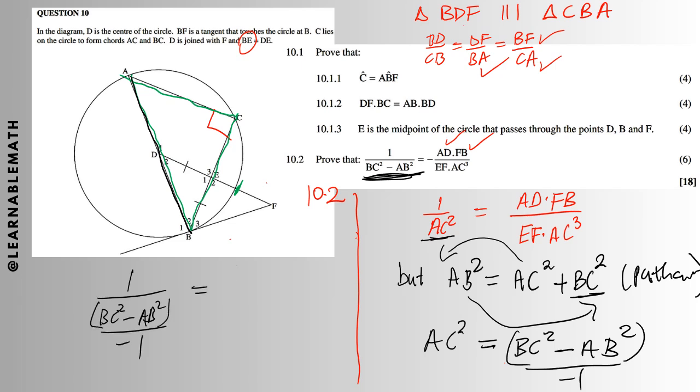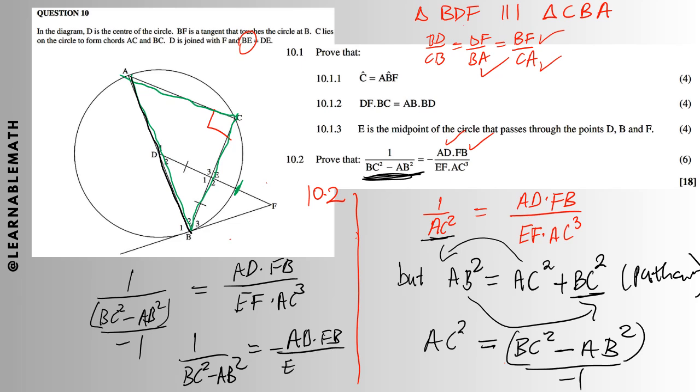This is equal to AD times FB divided by EF times AC exponent 3. Then I can cross multiply, the negative can go that side, right? Because it's negative, I can just take it and cross multiply with that side. So finally I'll have 1 over BC squared minus AB squared equals negative AD times FB divided by EF times AC exponent 3, and we have finally proven that.